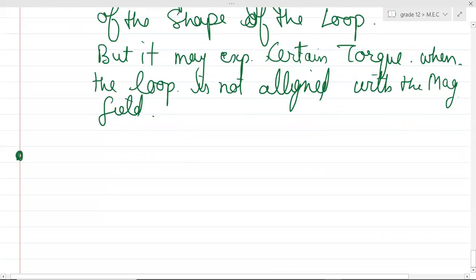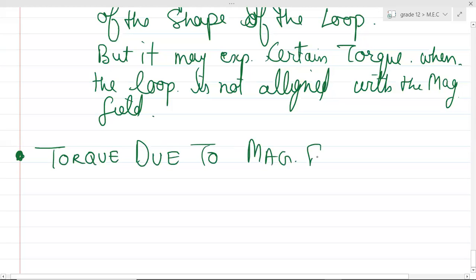Write down the next heading. Torque due to magnetic forces on a current carrying loop.